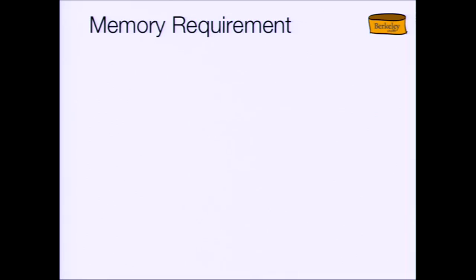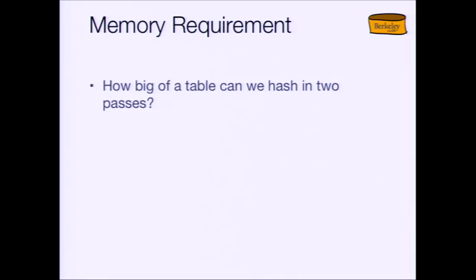Okay. What's the memory requirement? Well, let's think about this. How big of a table can we hash in 2 passes? Anybody see it? Each partition is how long? In the first pass, we partition into B-1 buckets. There's N blocks to begin with.